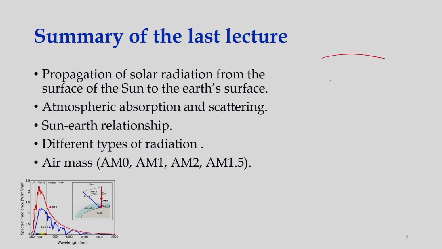We had the earth atmosphere, the earth here and the sun here. The sun emits short wave radiation, and in the earth atmosphere we have aerosols, H2O, carbon dioxide, carbon monoxide, oxygen, ozone, all the elements, and then particulate matter.